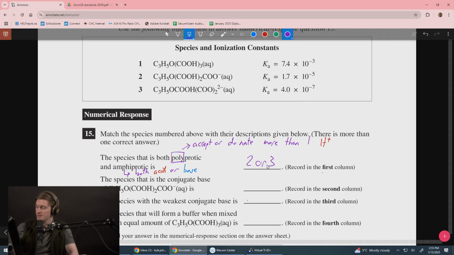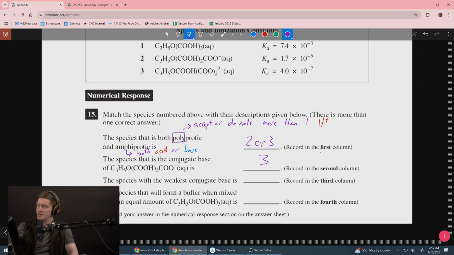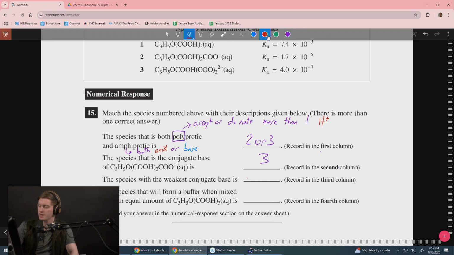The species that is the conjugate base of this acid is what? Well, if this is acting as an acid, then it would donate a proton, and it would end up as 3 as its conjugate base. The species with the weakest conjugate base means that you are the strongest acid.